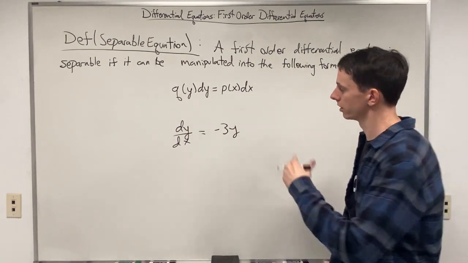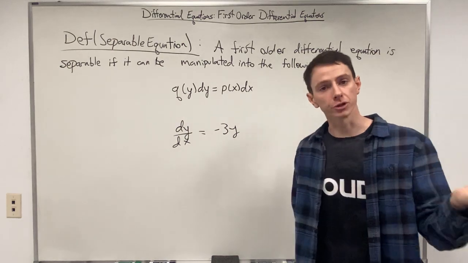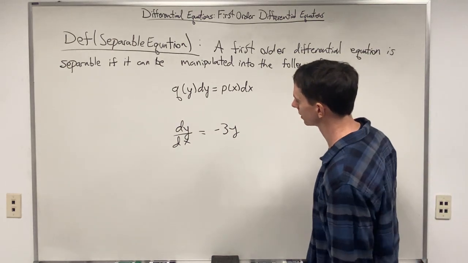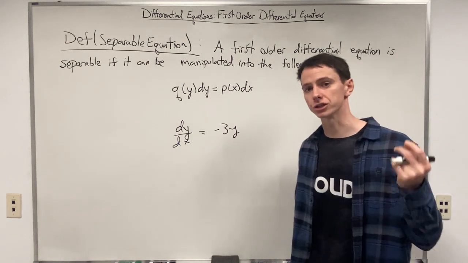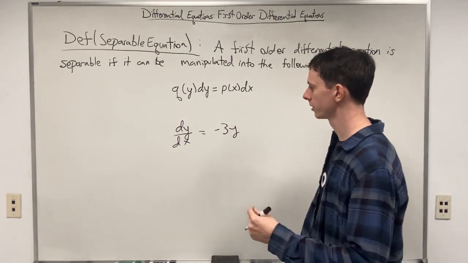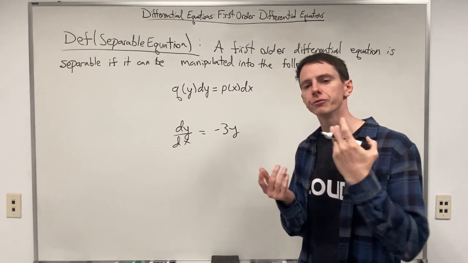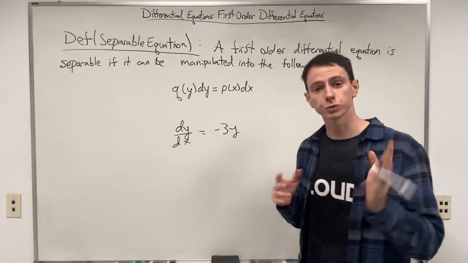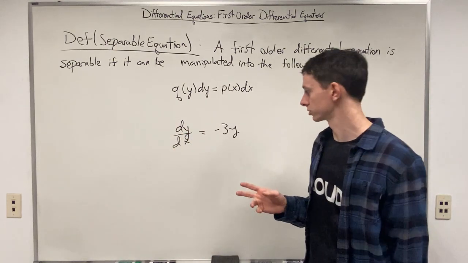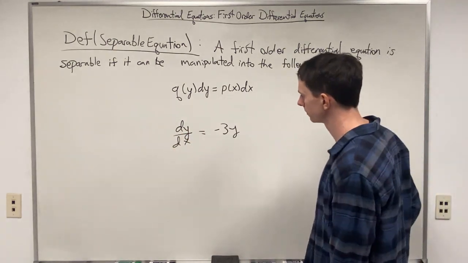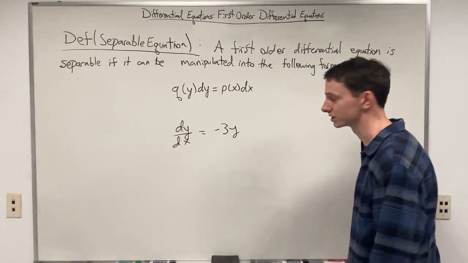If we were familiar with linear algebra, we can recognize that the exponential function is an eigenfunction of the derivative operator. But we also said that if we weren't so familiar with linear algebra, that was okay. We could solve this differential equation through separation of variables. What's the process for doing that?